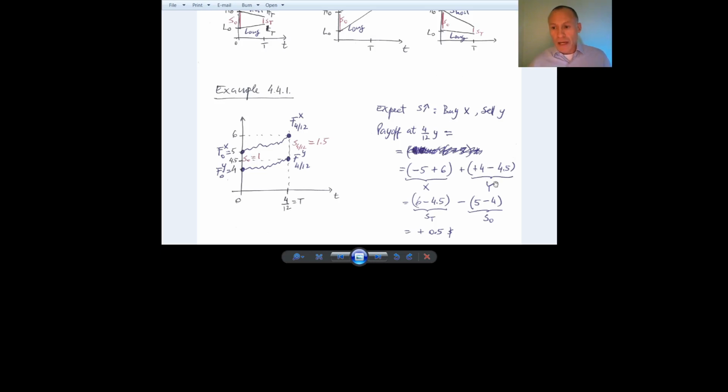Okay. I can also move these numbers around. So the final spread that you see here, this difference, is the difference between these two terminal values. So 6 comes from X, 4.5 comes from Y, right? So it's the spread at the end, as you see here. And the first two numbers give me the spread at the beginning, at time 0. So the difference between 5 and 4, or 5 and 4 from here.